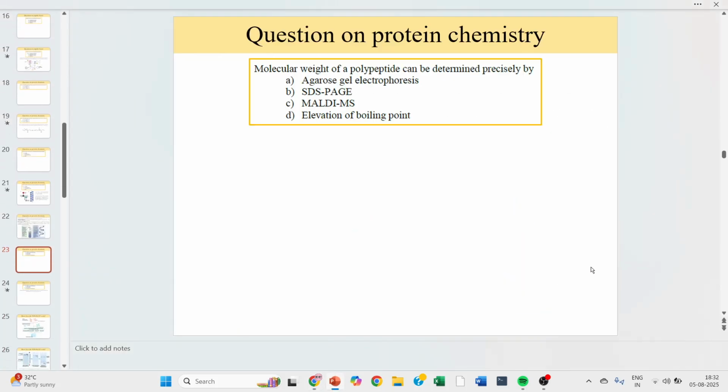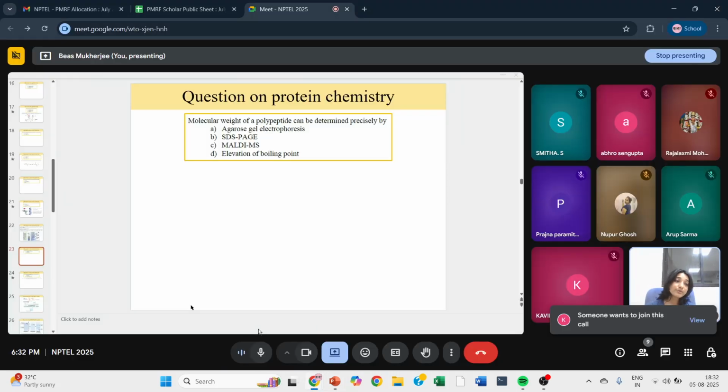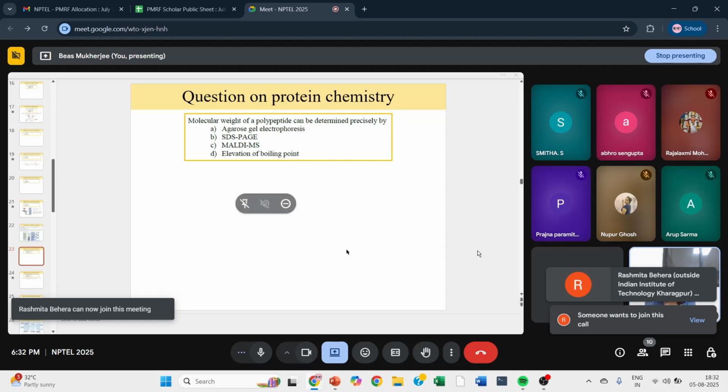Okay, but we'll move forward with the questions because there are a lot of questions and a lot of concepts that we need to touch upon today. So this is a simple question based on your understanding. Let's see if you can answer this. The molecular weight of a polypeptide can be very precisely determined by, okay, the key word is precisely.